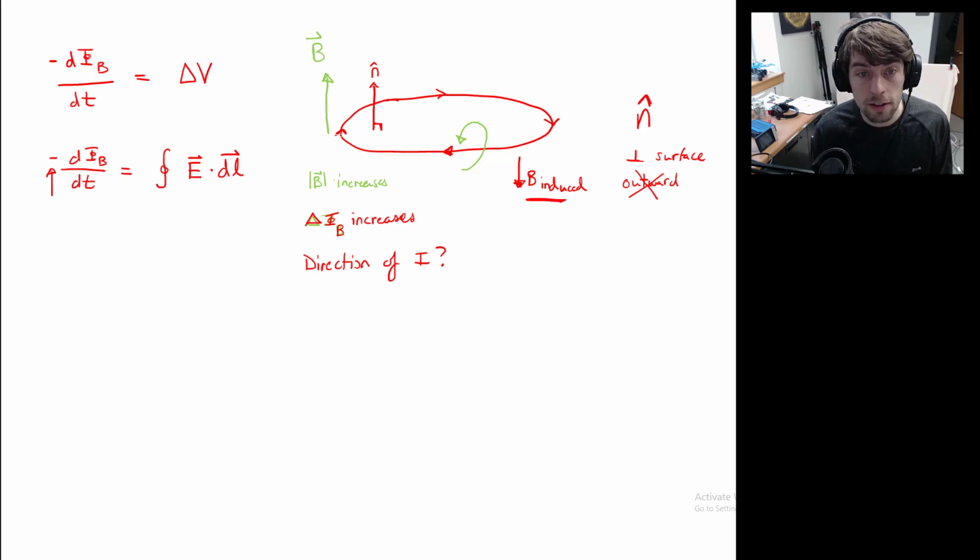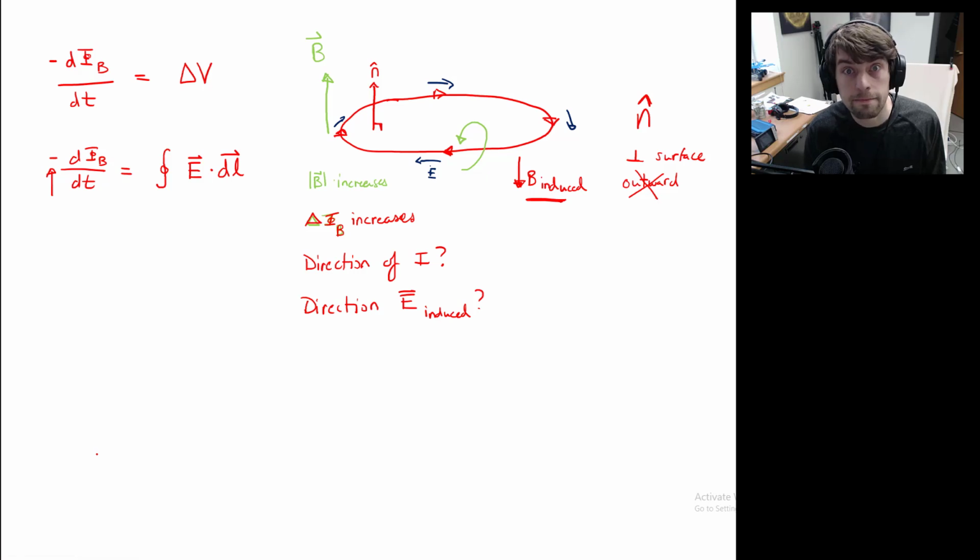Well, if current is running in that direction, what direction is the induced electric field? Call it induced here. It's the same direction. It must be going in the same direction. So I'll do that in purple. My induced electric field must be going in the same direction as that induced current.